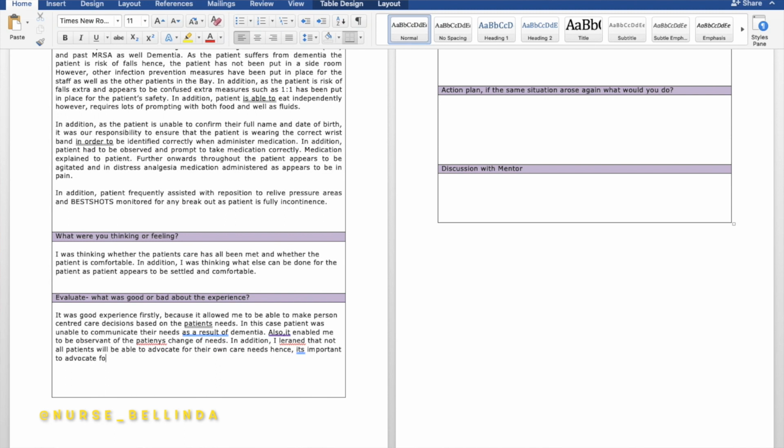It's important to advocate for the patient. When I'm talking about advocating for the patient, I'm not talking about making drastic decisions for the patient, or advocating for the patient's financial needs.